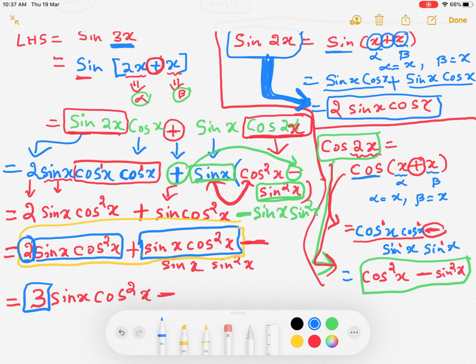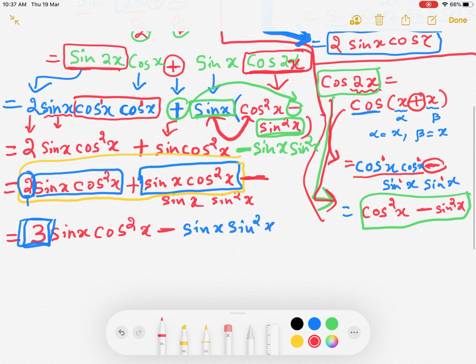Because here you have 2 times sine x cosine square x, here you have just 1 time, so 2 plus 1, so 3 times sine x cosine square x minus sine x into sine square x. Next, 3 times sine x cosine square x minus, here sine 1 time 1, 2. So add the power 1 plus 2, so sine to the power 3x.